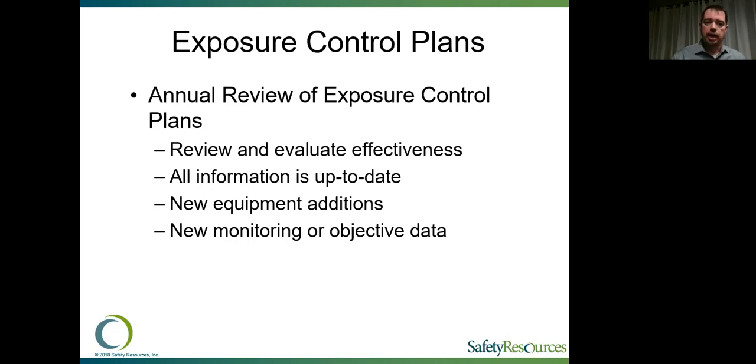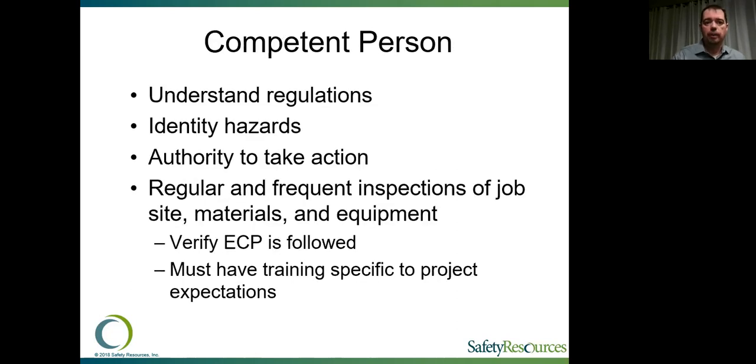Whenever new equipment has been added or used, especially if you have performed monitoring and realize that new control methods or new equipment are necessary, that would require you to go back and rewrite those exposure control plans to ensure that they are reflective of the actual work that's being performed on site. And especially if we have new monitoring or different objective data that we can apply, that has to be outlined within that plan as well.